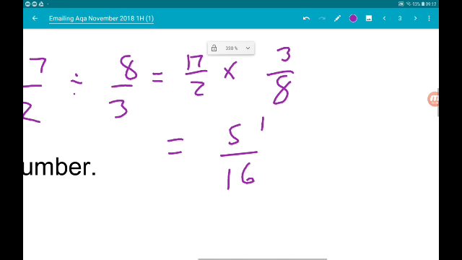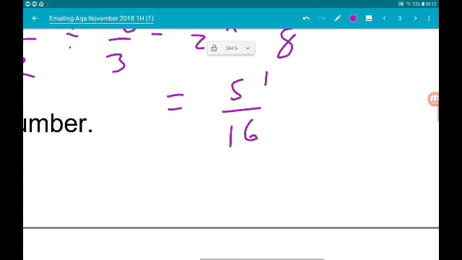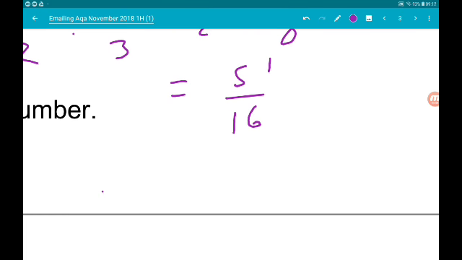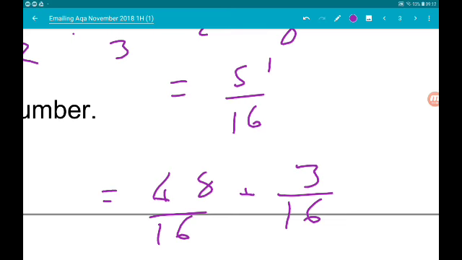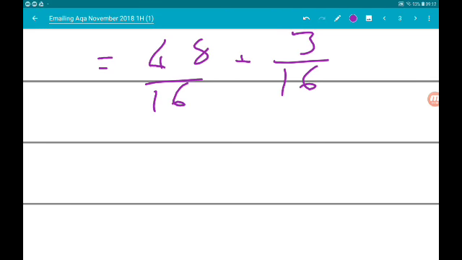That's the answer as an improper fraction. We then need to think how many 16s go into 51. We've got 16, 32, 48. That's going to be our winner. So that gives us 48 16ths, and then we've got 3 more left over. 48 16ths is 3, so we've got 3 and 3 16ths.